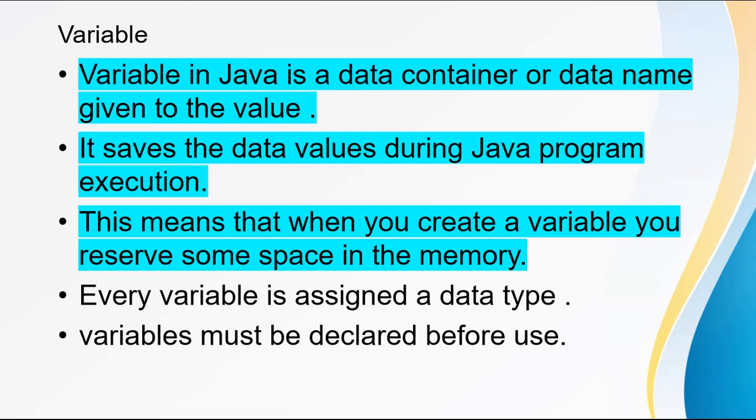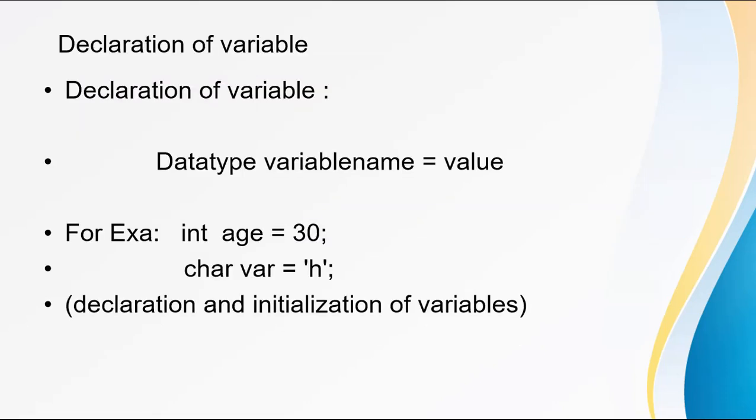So for example, if we want to print the value 10, we first have to take it, like this. Here I have taken one variable, age equal to 30.